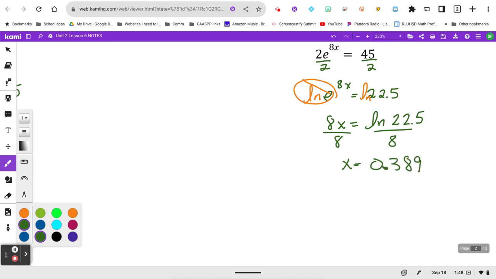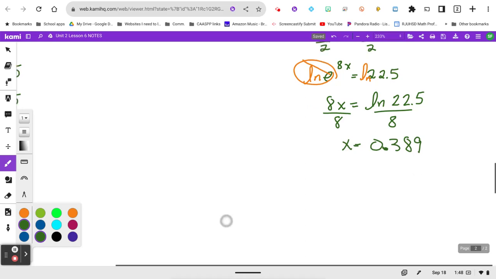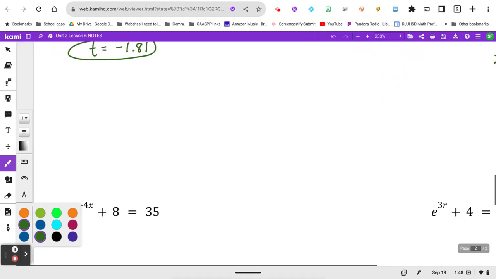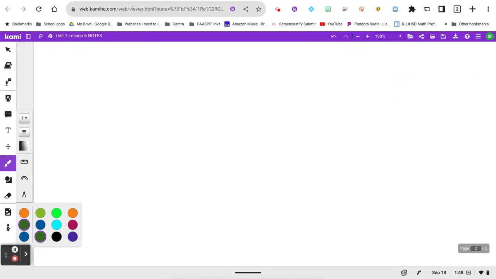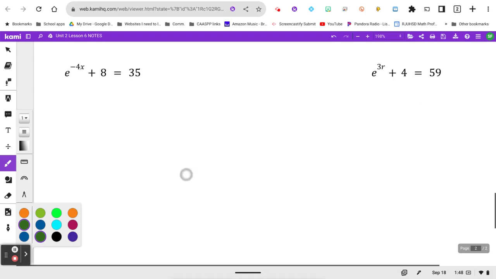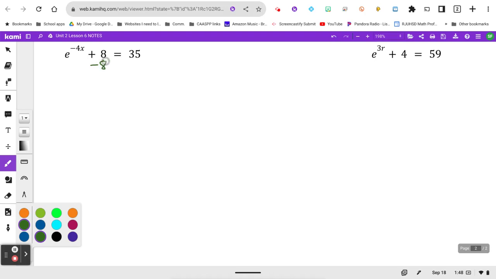All right. The next ones are exactly the same concept, except that instead of being multiplied, they're being added and subtracted. So we're going to do the same thing. Sorry, as soon as I touch the board, it likes to move. So we're going to minus the 8 on both sides.